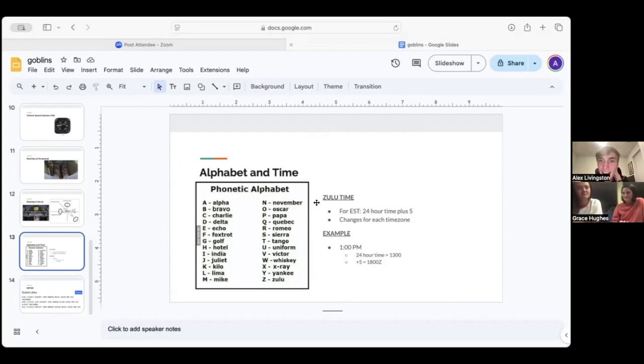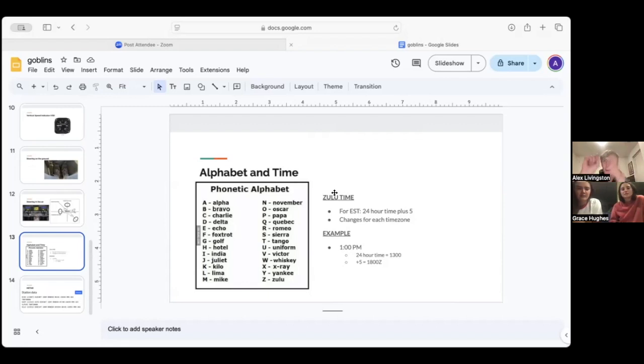One of the more confusing things is time. You don't just use regular time, you don't just use 24-hour time. It's called Zulu time, and it makes it the same time everywhere in the world. It changes based on your time zone, how you calculate it.